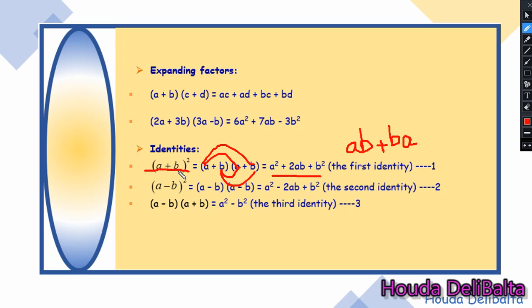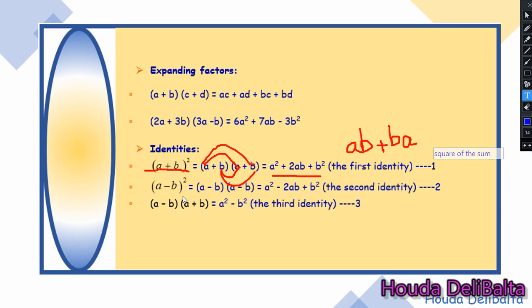So a plus b squared can directly give a squared plus 2ab plus b squared. It's like squaring of the first term, plus 2 multiplied by these two terms together, plus squaring of the last term. So this is the first identity, that's called the square of the sum.